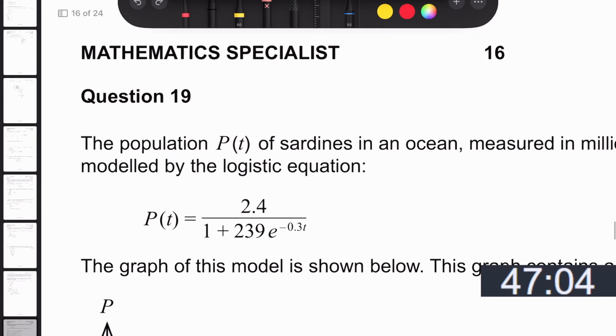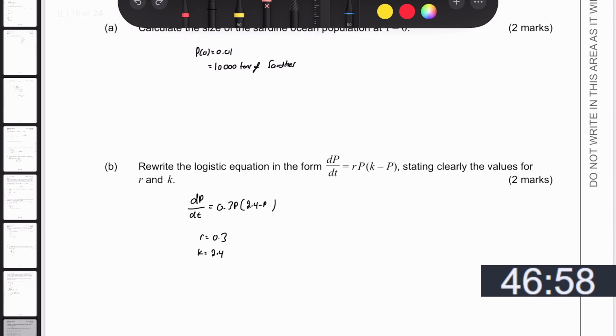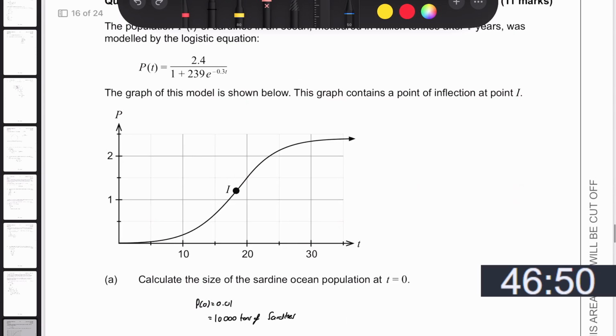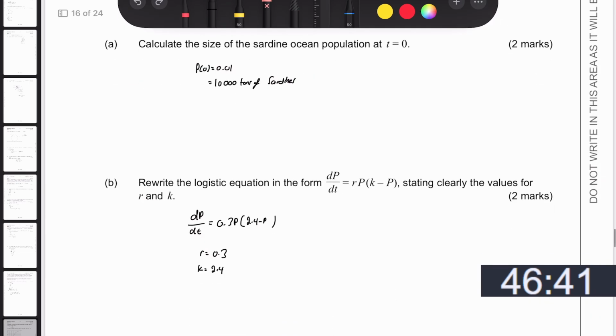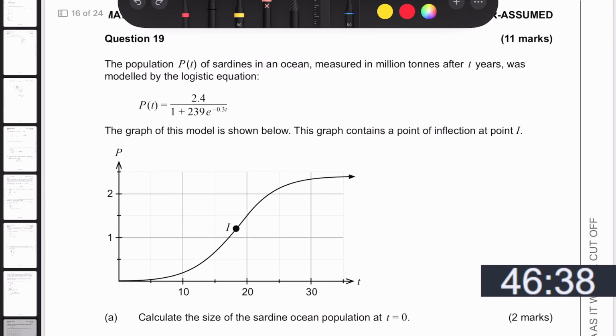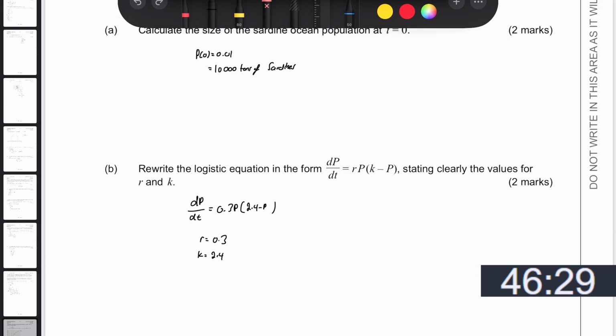Wait, no. Wait, yes, I think. Only RK. Graph and see what happens. So 0.3x times 2.4 minus x.